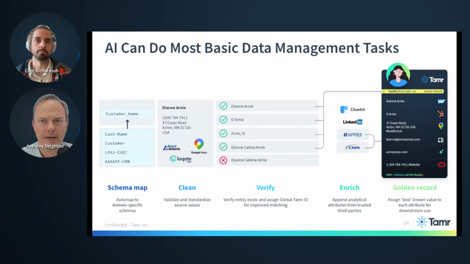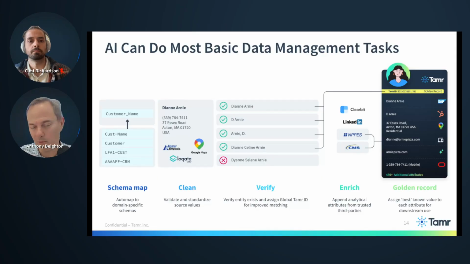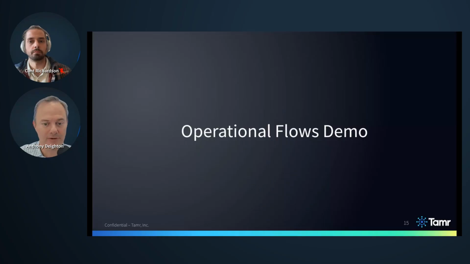And so, last slide, just to bring this all together, it's our view that we're now at a time where we can, in fact, use AI to do basic data management tasks. And this can be the core and the foundation of a modern MDM system, with enough rules and human curation where needed. And in a very literal sense, that's what we want to show you today.